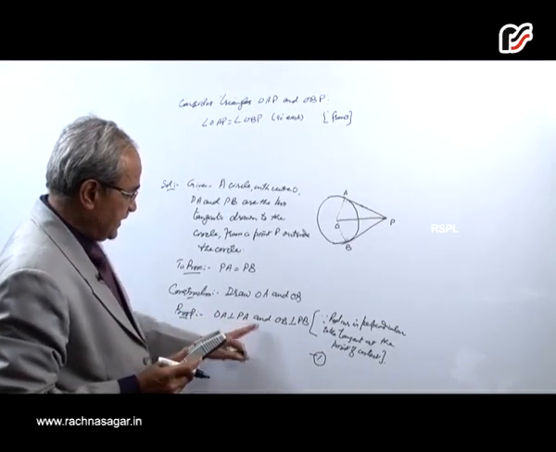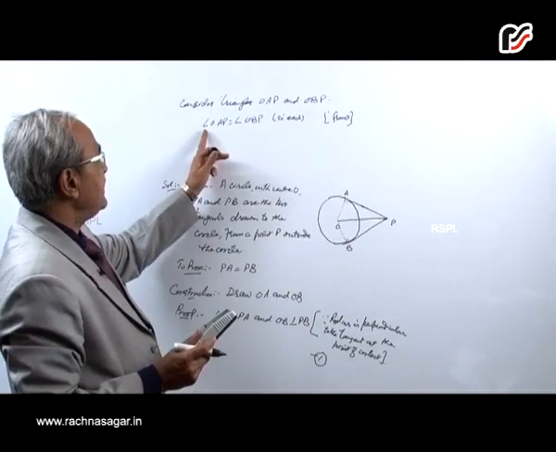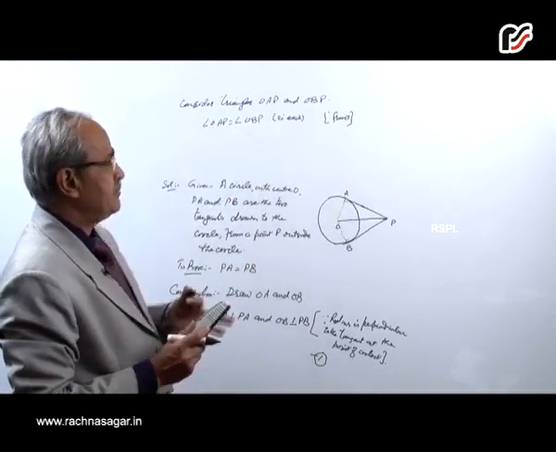OA is perpendicular to PA, OB is perpendicular to PB, so from 1 angle OAP equals angle OBP, 90 degrees each.